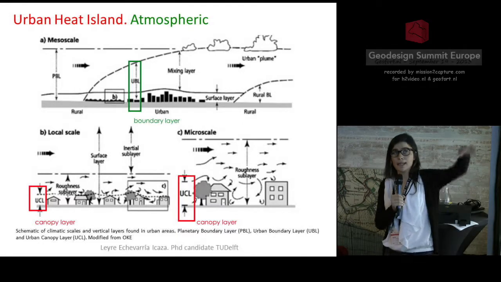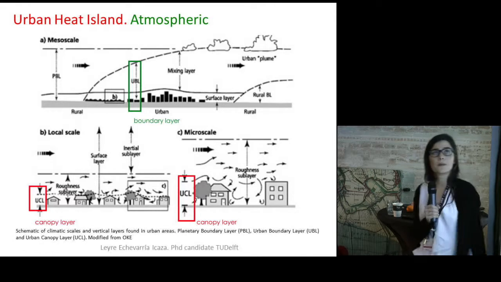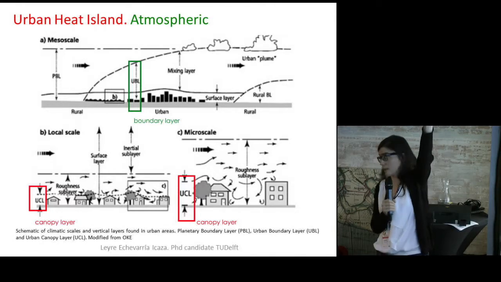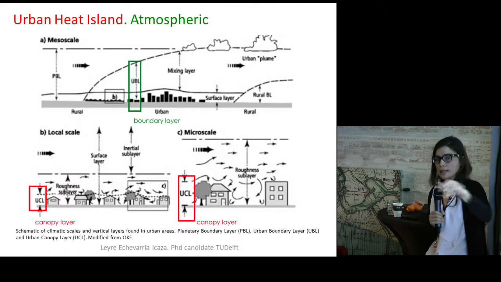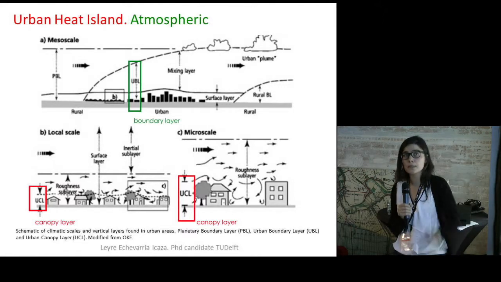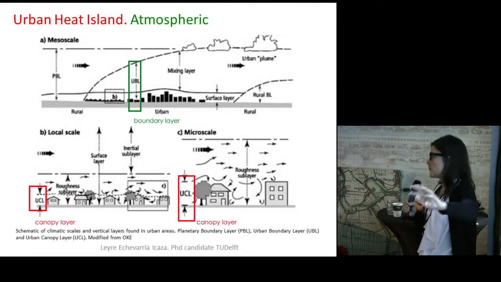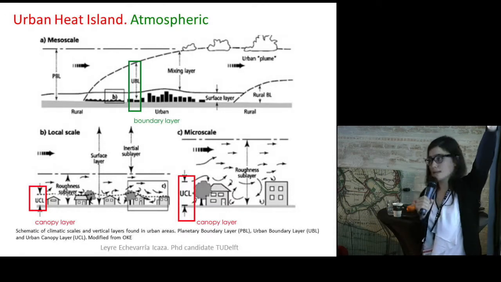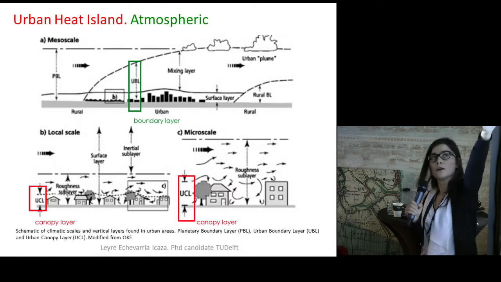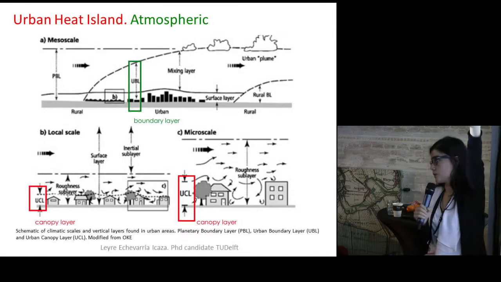The atmospheric heat islands can be measured from the top of the urban boundary layer or from the canopy layer. Just to keep it simple, because the scale at which we are assessing this phenomenon is the regional scale, we will be assessing the phenomenon from the urban boundary layer.